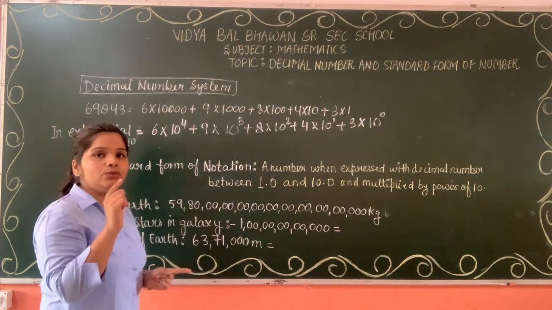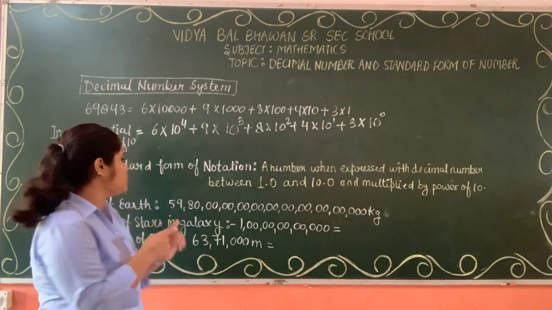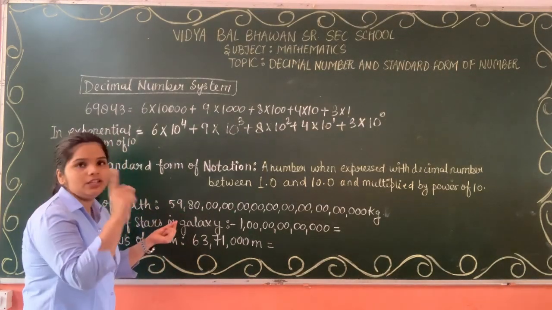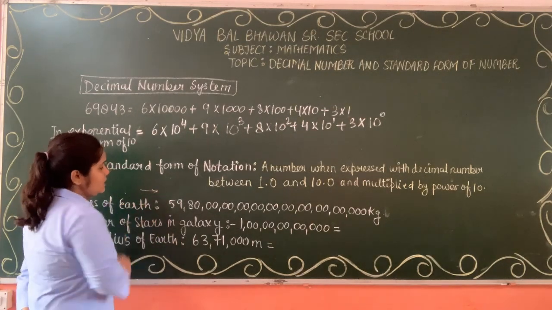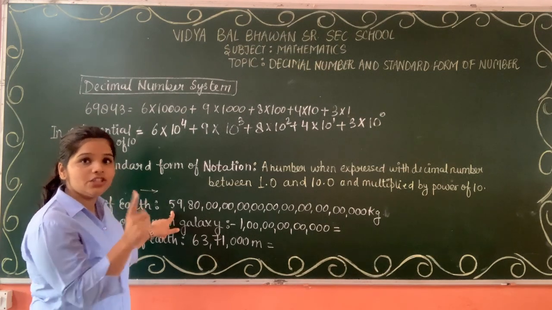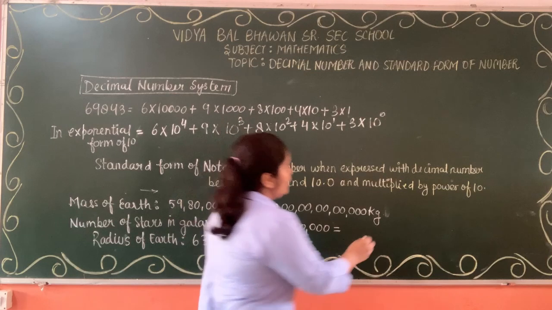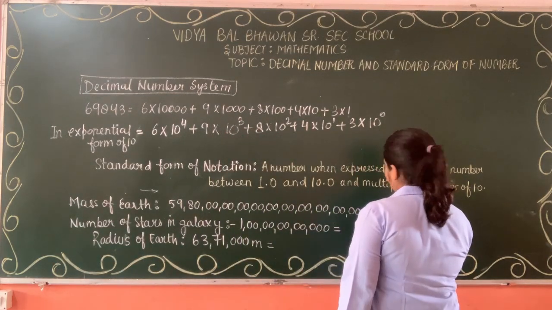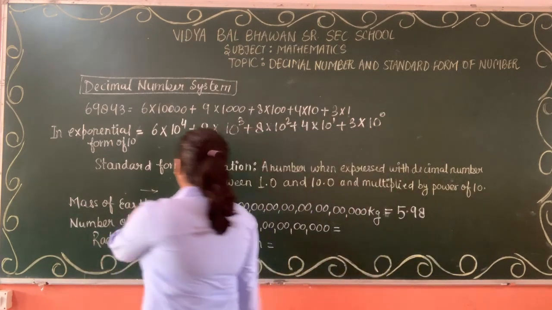We just need to do one thing, that decimal place should be placed just after the 1 digit from the left side. From the left side, you can see this is the left side here. From the left side, just after the 1 digit, place the decimal. So it will be 5.98.